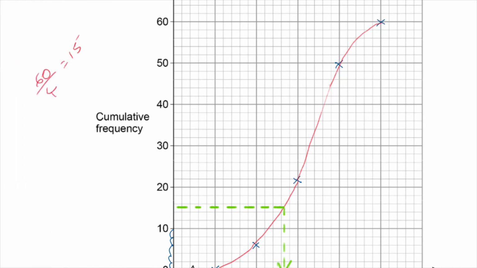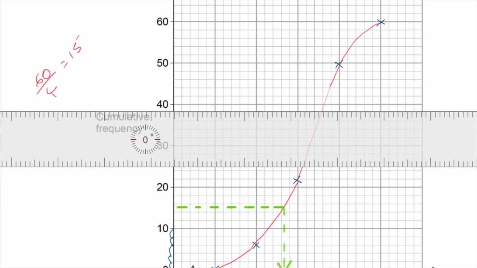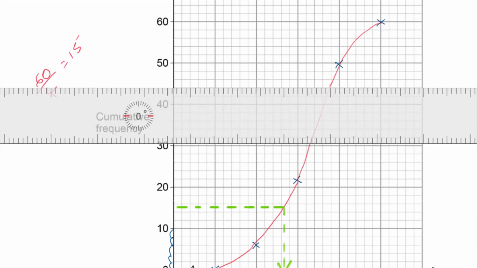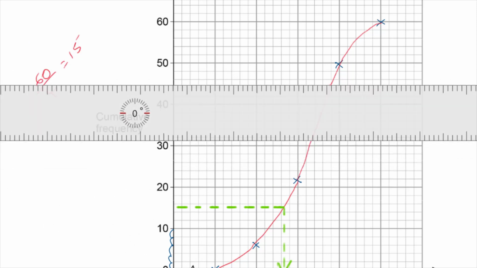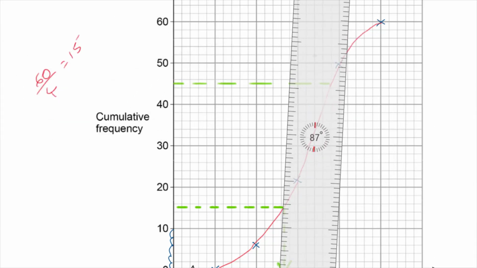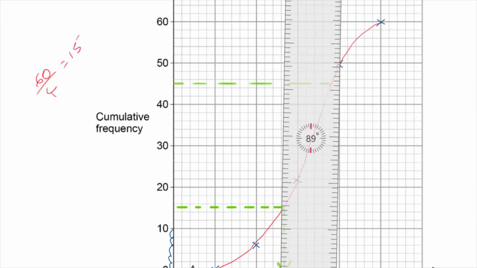Then my upper quartile is going to be three quarters through my data set. So multiplying 15 by 3 gives me 45. Again, I'm going to read across from 45 to find my upper quartile.